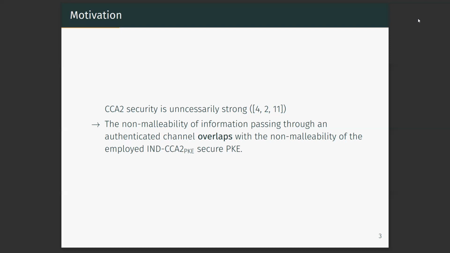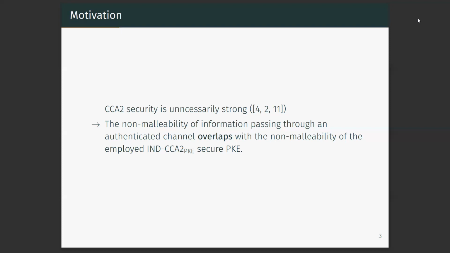The authors proposed a relaxation of CCA2 that allows a special form of benign malleability of the ciphertext. Basically, the bit flipping example. And they introduced the replayable CCA security, which they also showed to be sufficient to realize a secure channel when combined with authenticated channels.